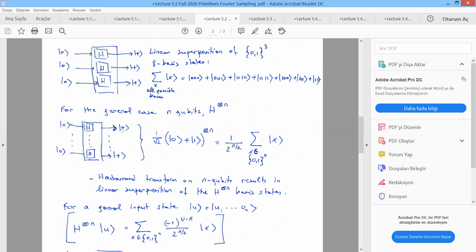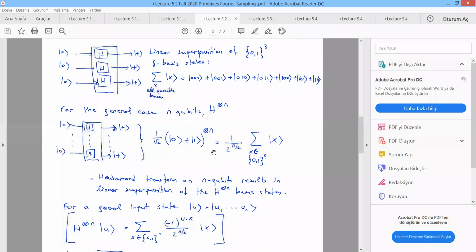So you have plus states for each one of these zero states in the input. Equivalently, we can express this as 1 over square root of 2 times (|0> plus |1>). This is a plus state, tensored n times, right? This is the output. So you tensor n times |+> to obtain the final quantum state in the output.